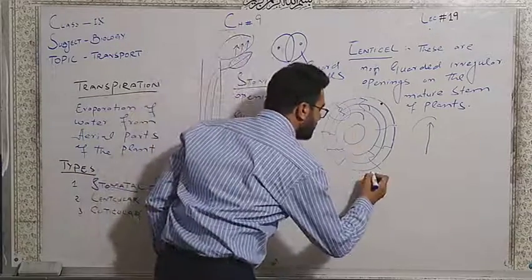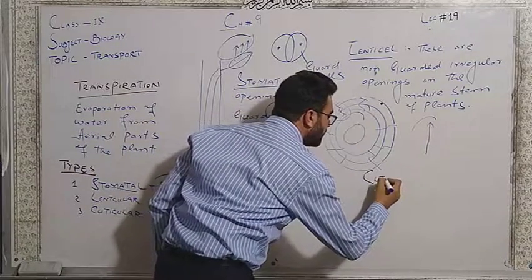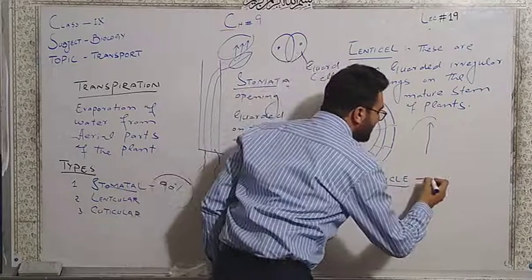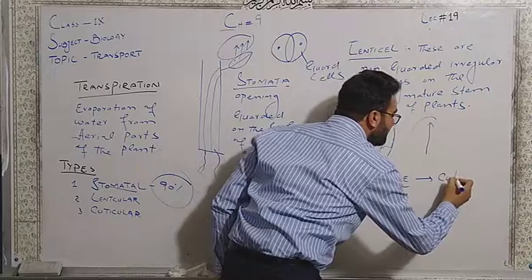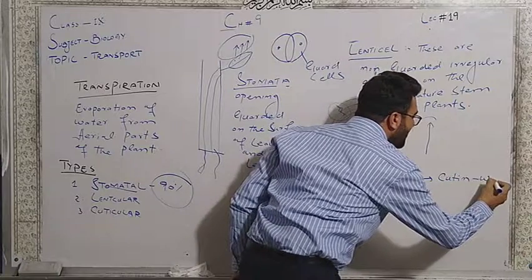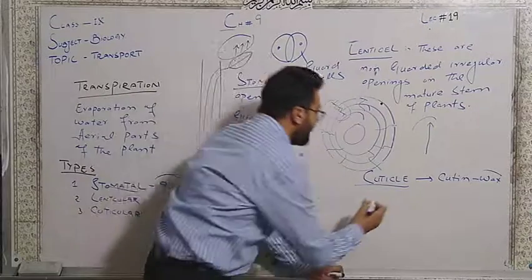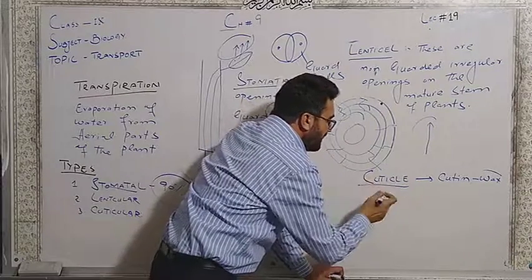Third one is cuticle. First we need to know what cuticle is. Cuticle is made of cutin, which is a wax, and if you see the surface of the leaves, some leaves are very shiny. Why are they shiny?